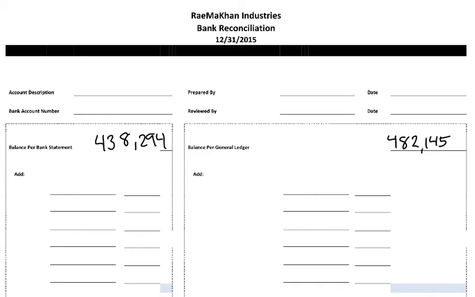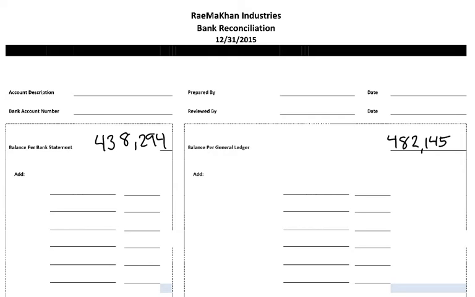Next, we have check number 734 was incorrectly written for $1,865 when the bill was actually $1,685. The vendor only took the correct amount up for the bill. Now, that means that the bank has the correct amount, $1,685.